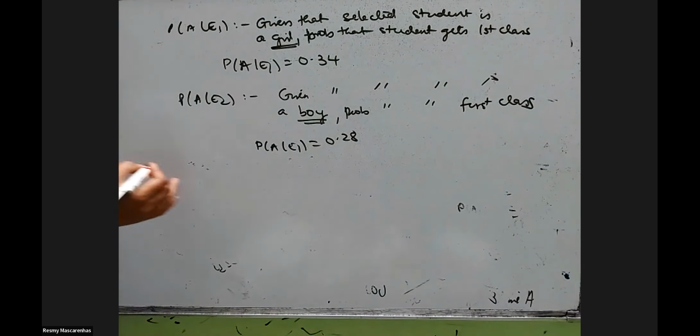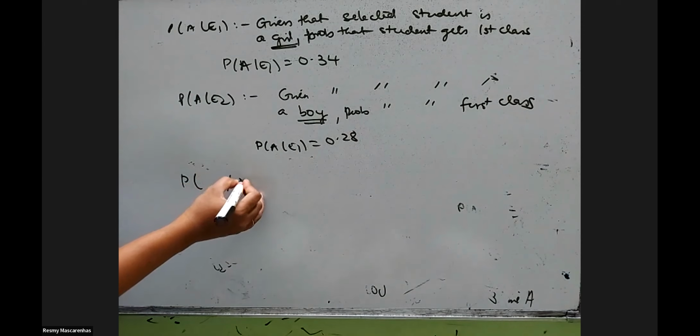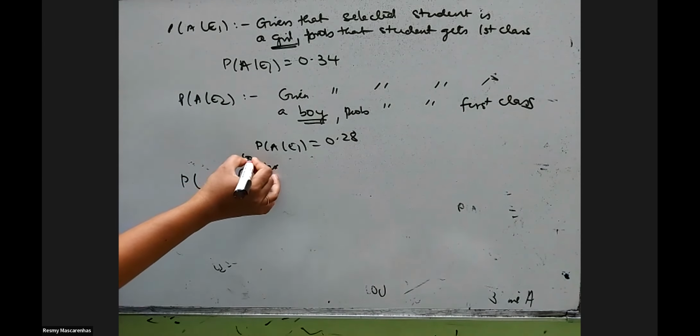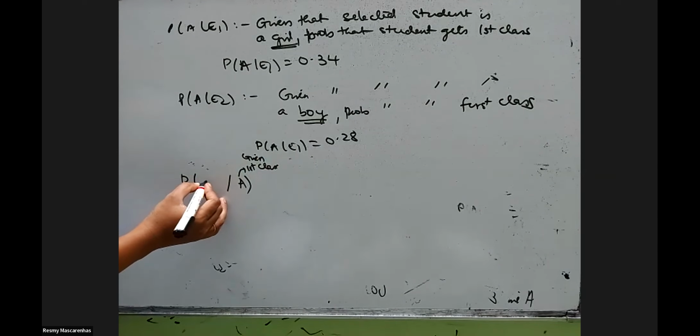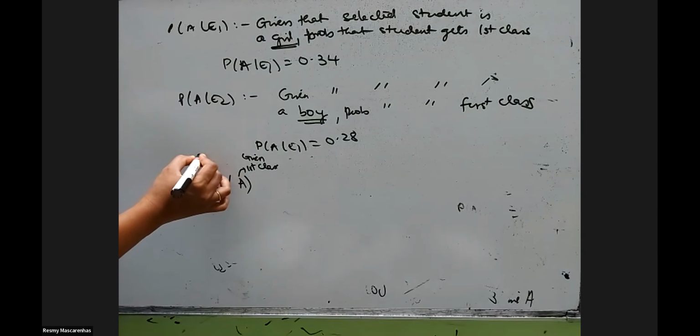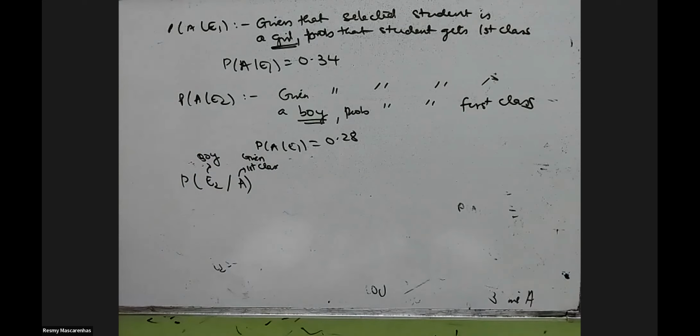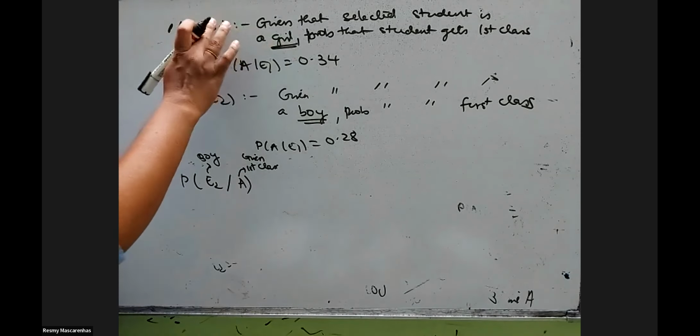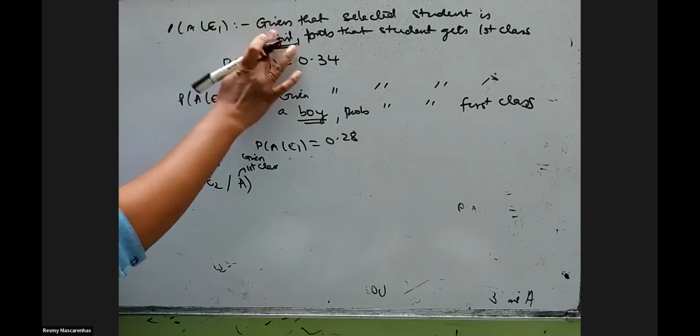Now what you have to find? Given that the student already gets a first class, what are the chances it's a boy? Wait, I made it ulta, 1 second. E1 we had taken for boys, no? That same thing you have to take, E1 is for boy.